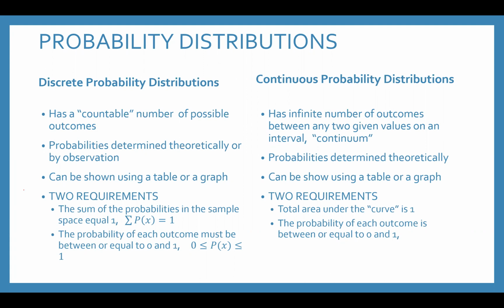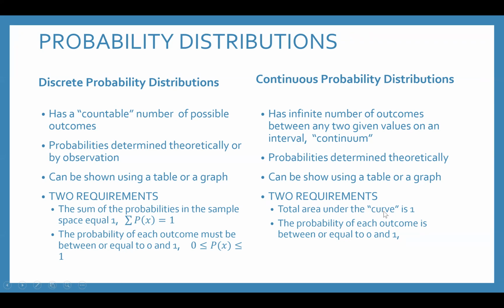When we think about the idea that the sum of the probabilities is equal to 1, in terms of the continuous probability distribution, we think about it in terms of area, and that the total area under, quote, the curve is 1.